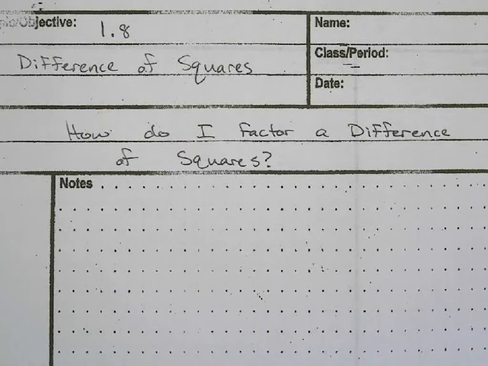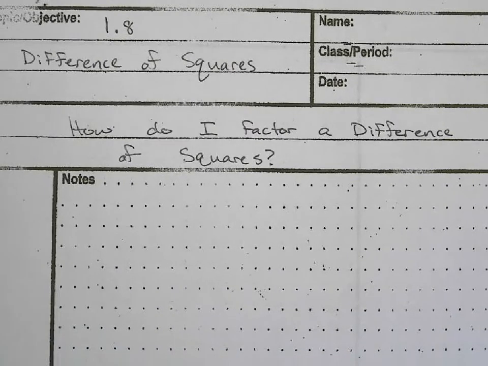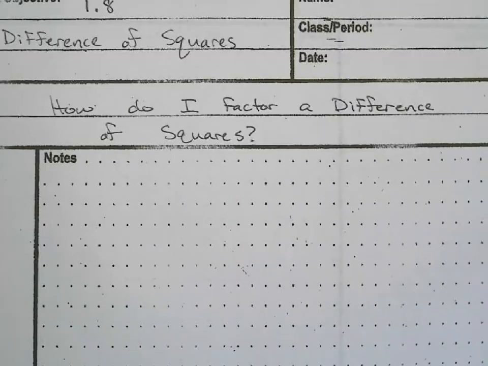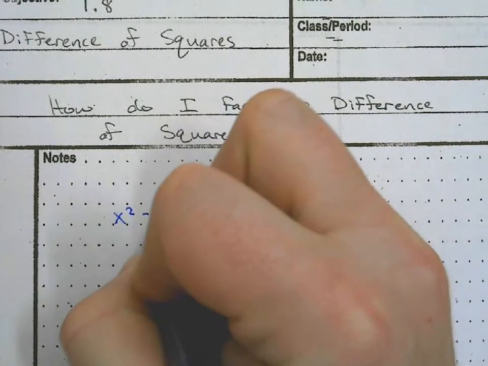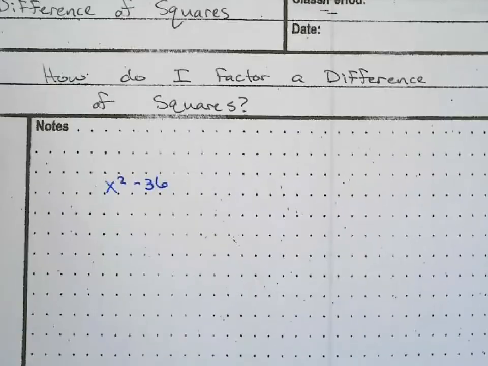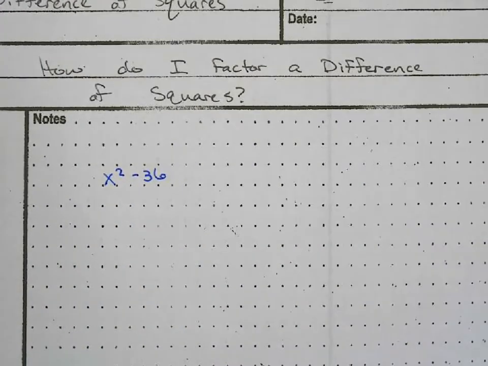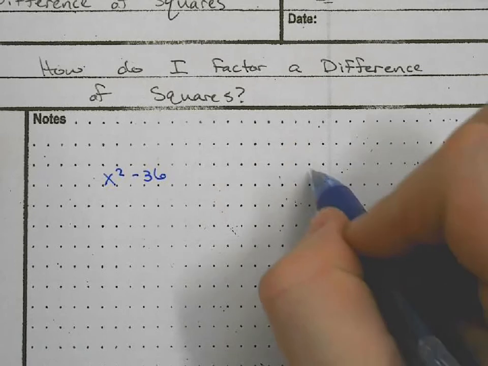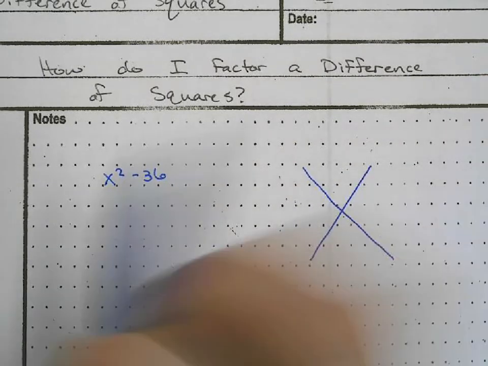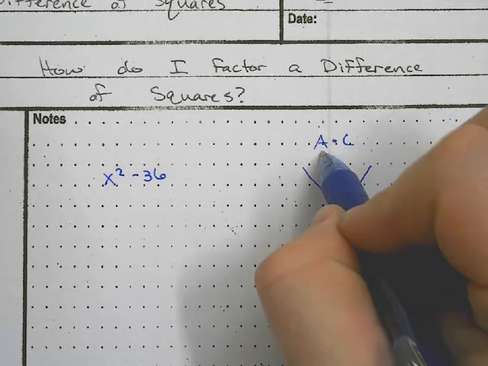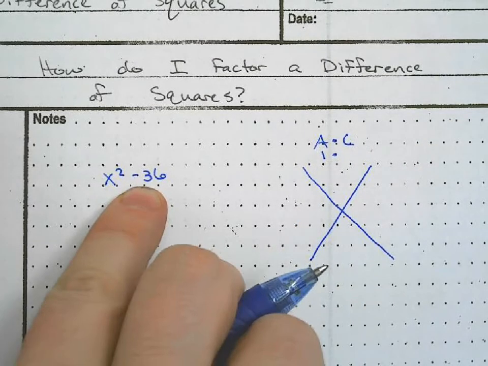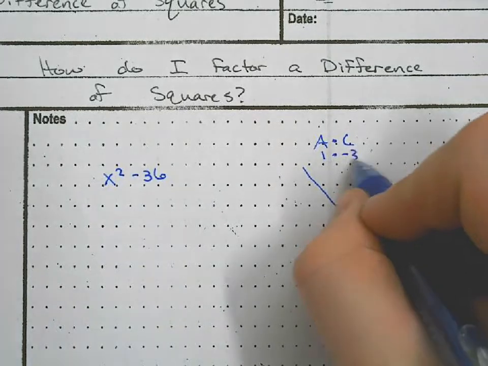So let's just look at an example. Say we were looking at x squared minus 36. If we were doing this using the AC method, we could still do that. My a is 1. So 1 times, my c would be the constant, so my c would be negative 36.